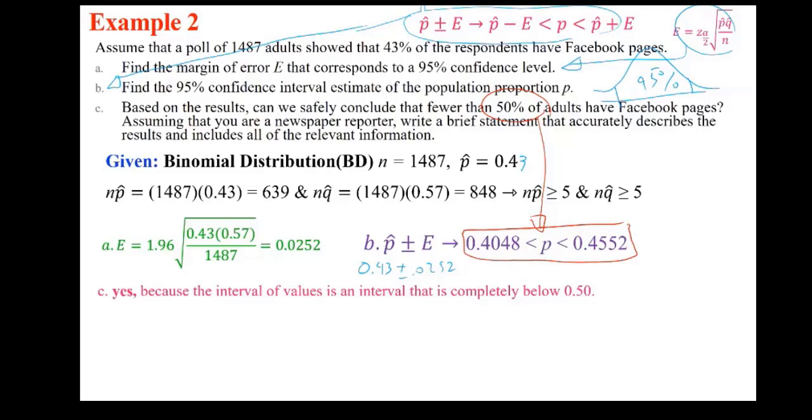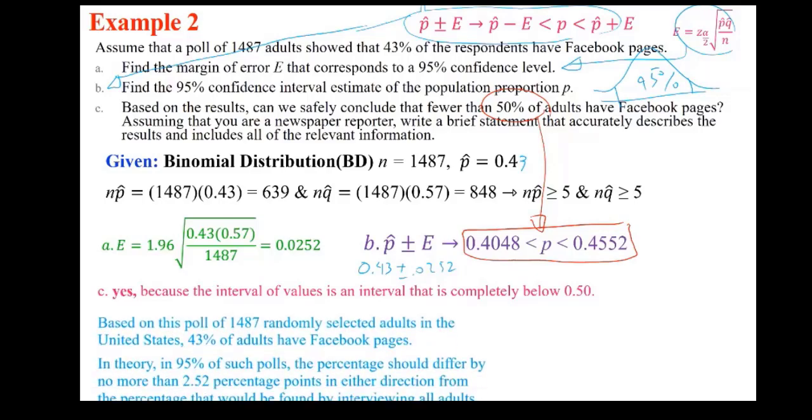Now, writing. According to this case and our calculation, we can say that in 95% of such polls, the percentage should differ by no more than 2.52 percentage points in either direction from the percentage that would be found by interviewing all adults.